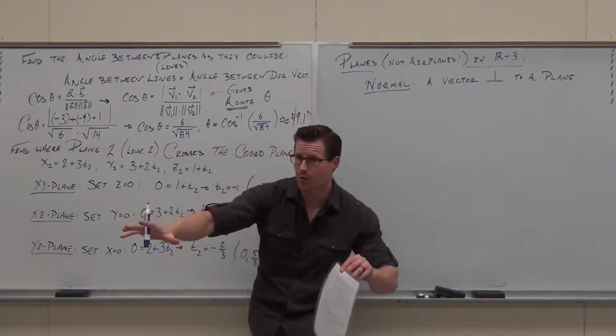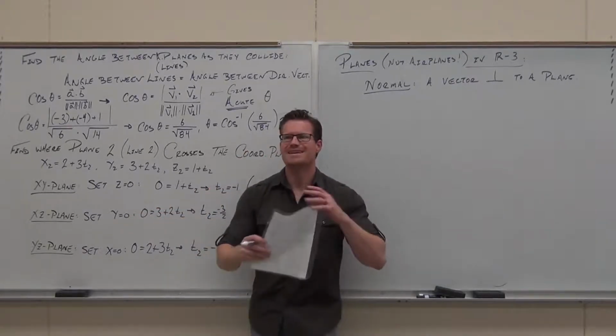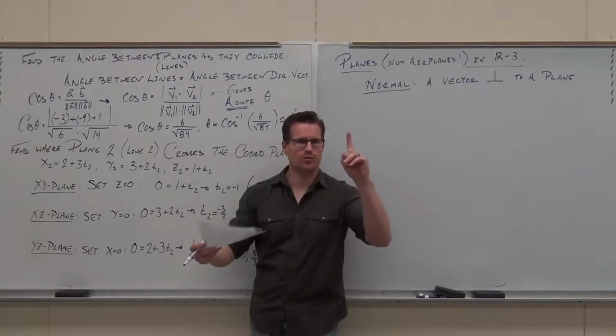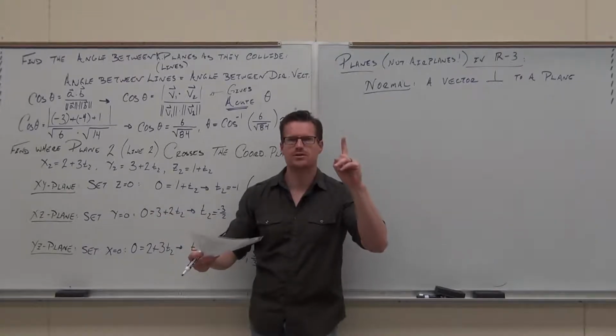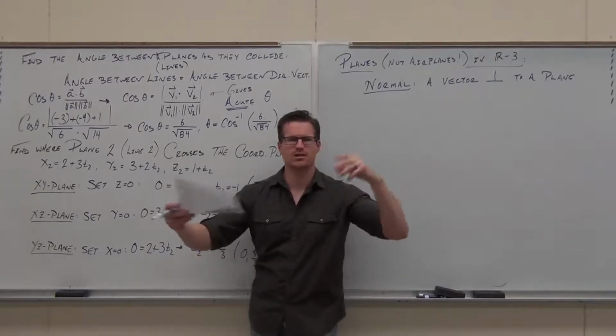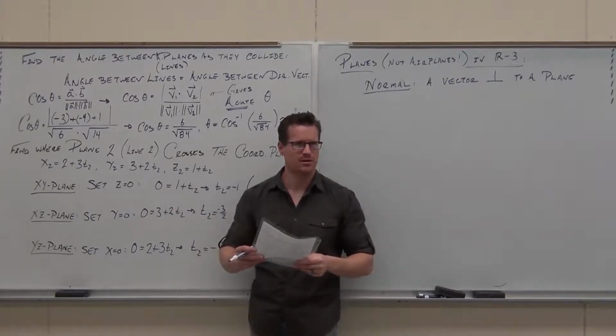Now, we don't need a unit normal, but I'm trying to get you to understand that it doesn't matter. One normal vector is enough to define a plane. Do you understand what I'm talking about? Because all the other ones are just scalar multiples of it. You with me?